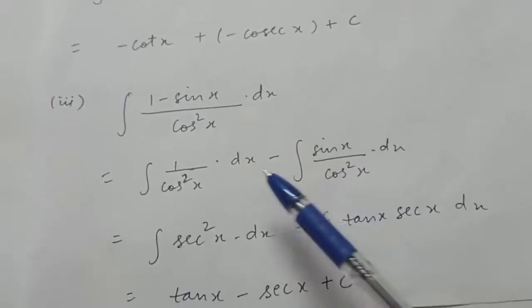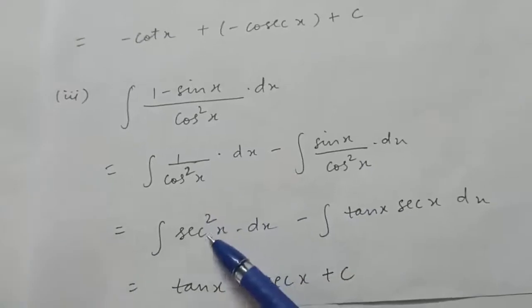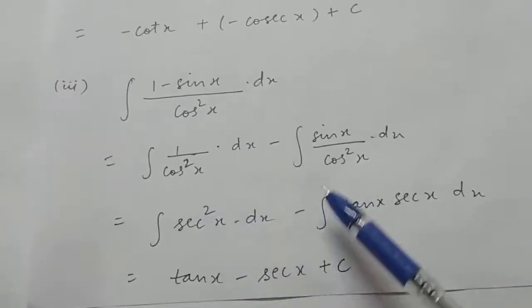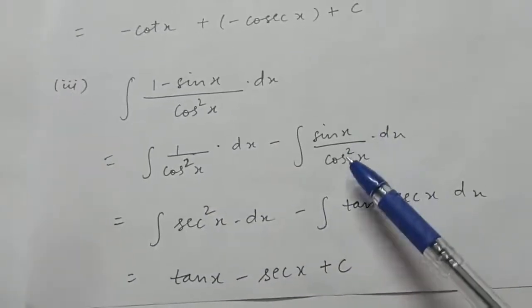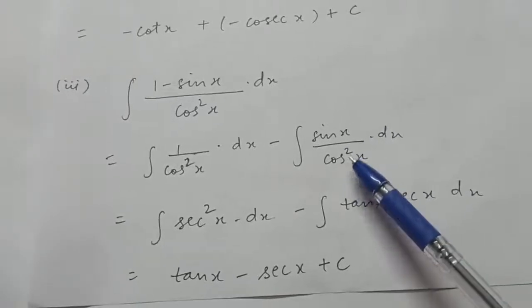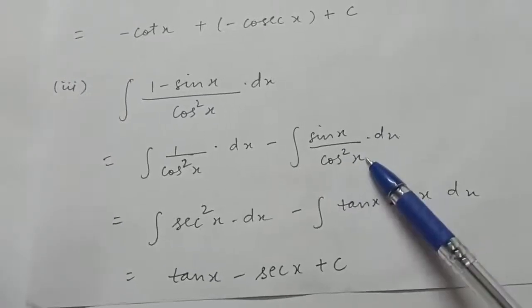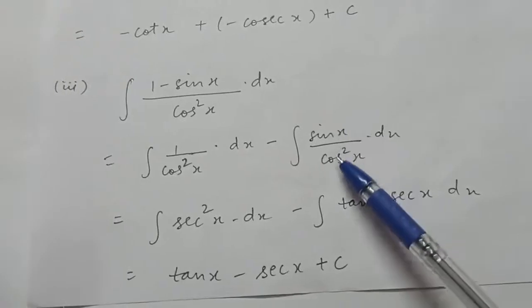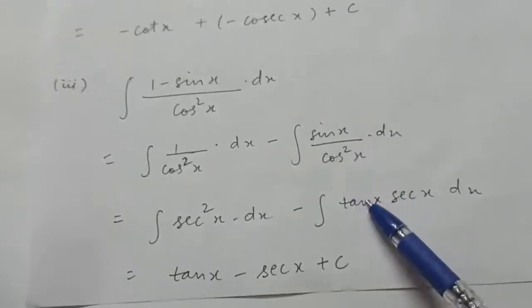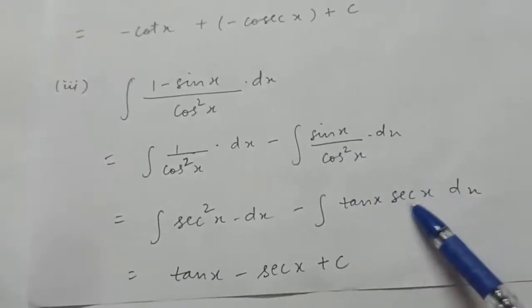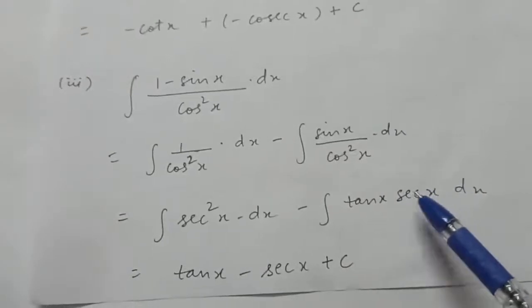Now this is secant square x minus, see this is sin x upon cos square x. This cos square x can be written as cos x into cos x. So sin x upon cos x will become tan x and 1 upon cos x will become secant x, right?